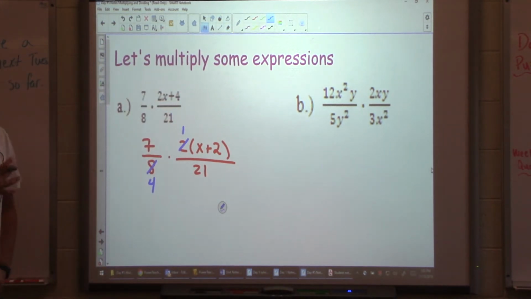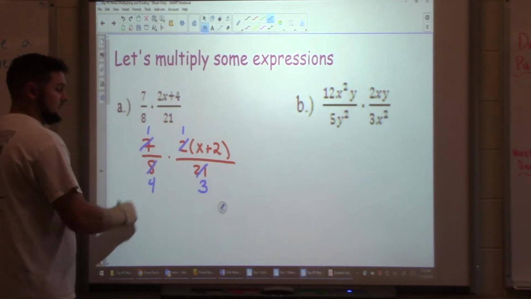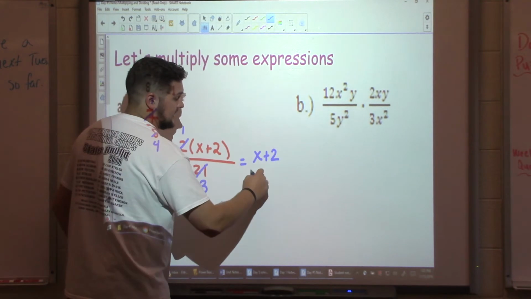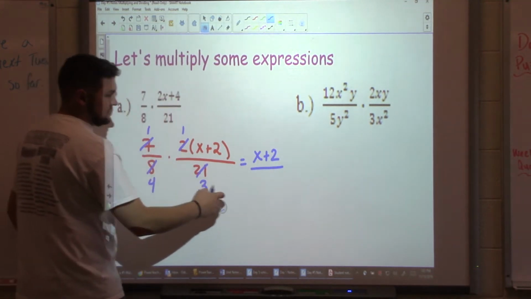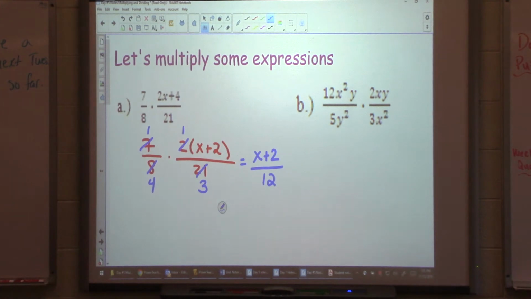Is there anything else I can simplify here before I multiply? The 21 and the 7. Good, I can take a 7 out of both of those. So 1 times x plus 2 is just x plus 2 on top. 4 times 3 is 12. Is there anything else I can simplify there? I can't simplify the 2 and the 12?